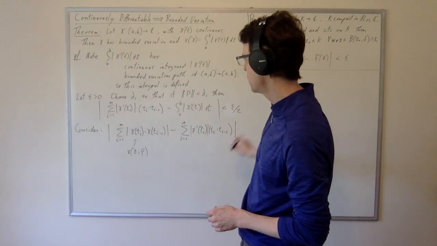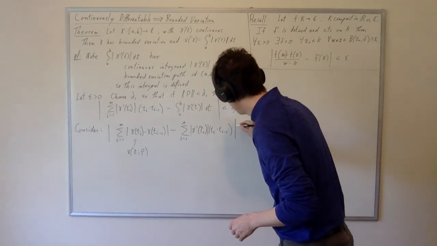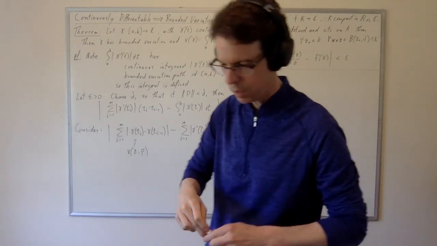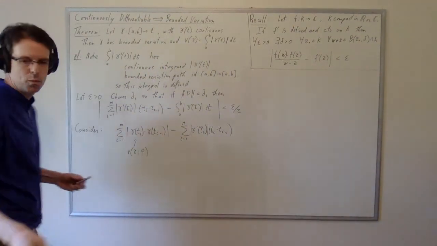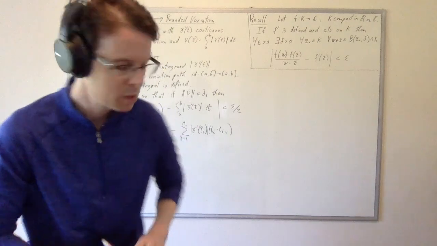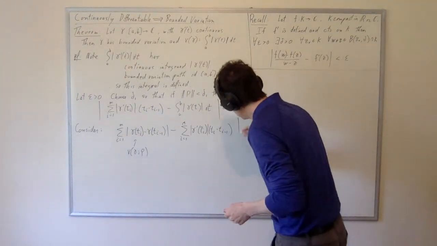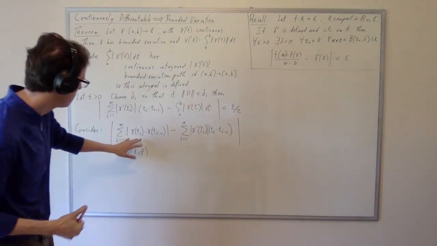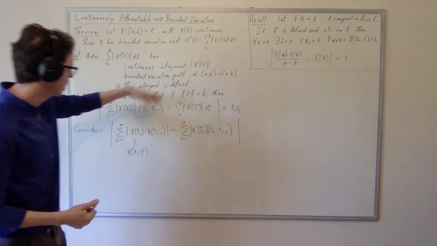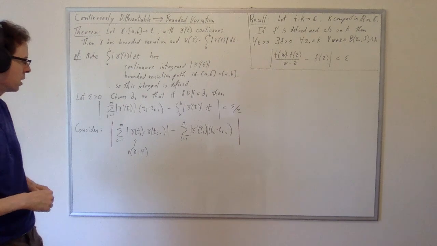So basically, I'm going to consider this thing. We've got a lot of modulus signs here. I want to point out that I have a modulus sign along the outside, which basically means I'm taking the modulus of the difference. But I also have modulus signs along the inside because I'm reasoning about the moduli of these various things.